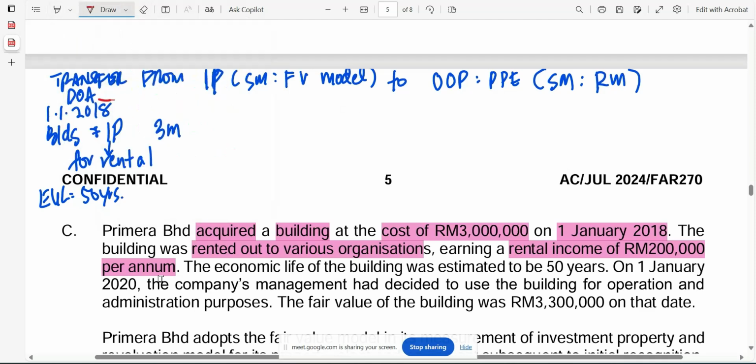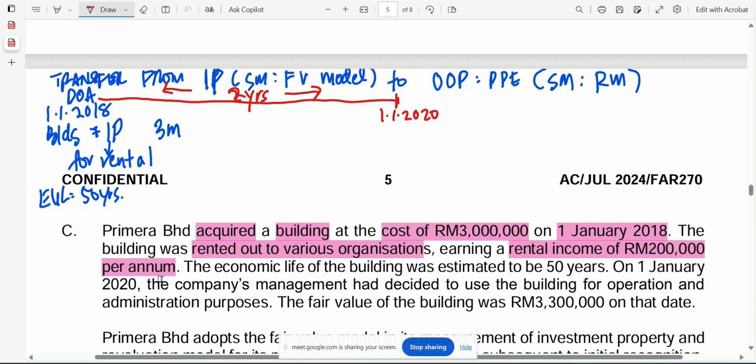So this is the timeline that I'm drawing, and this is the 1st of January 2020, which means that this is after how many years? 2018 to 2020, so after 2 years. This period here is 2 years, so it was held as an IP.